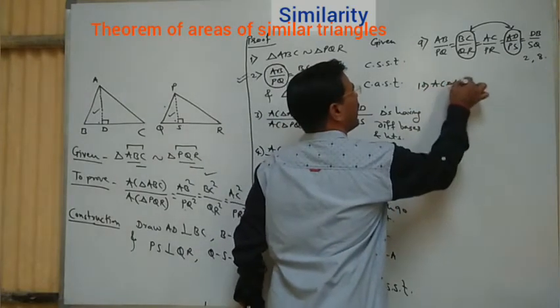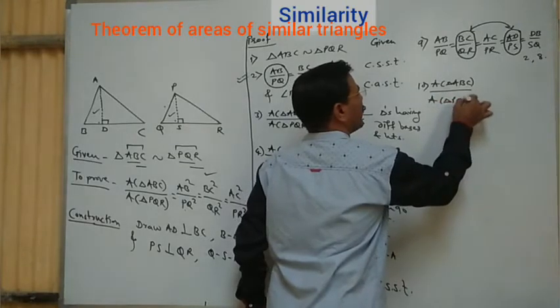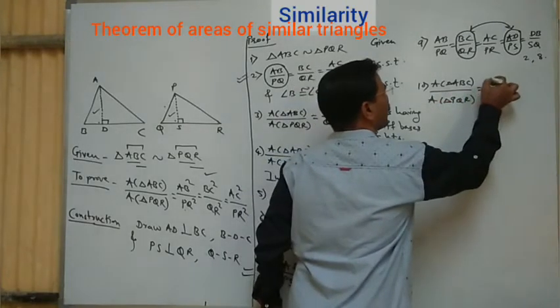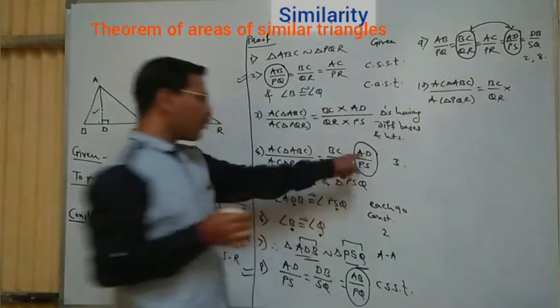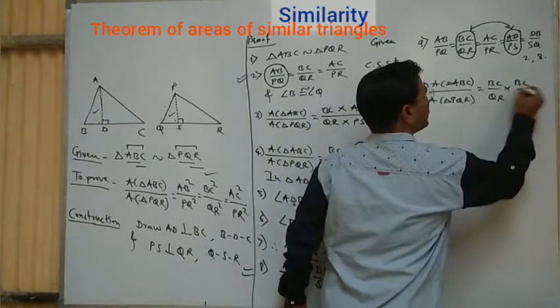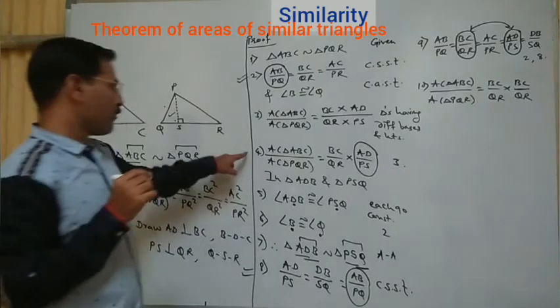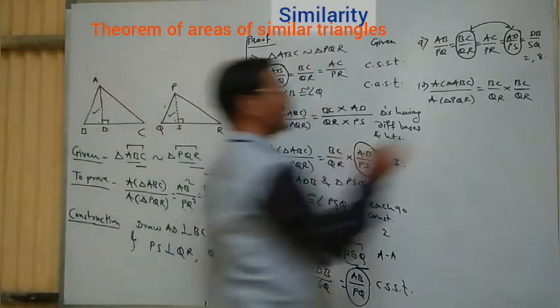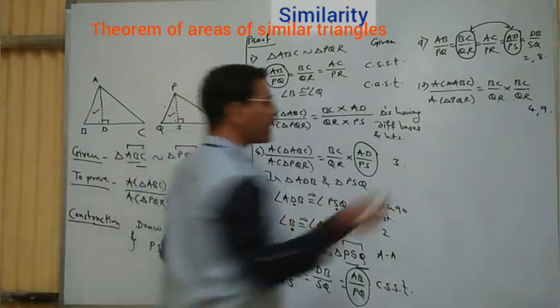Area of triangle ABC upon area of triangle PQR is equal to BC upon QR into, we are going to replace this AD upon PS by again BC upon QR. This is from which step? From the 4th and 9th steps we can write here. What is the next step?